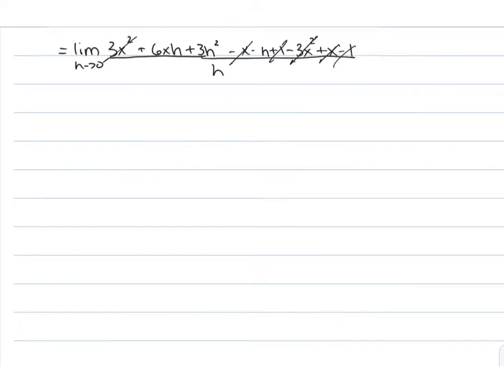Okay, so this is what we just had, and if I simplify this a bit, I have 6xh plus 3h squared minus h on top, and everything else dropped out, all over h. We know that we need to factor and simplify.